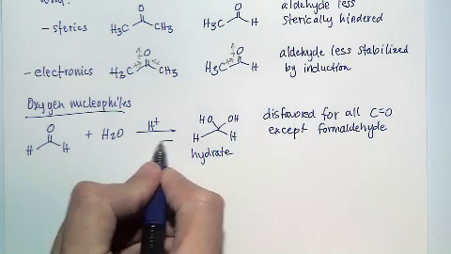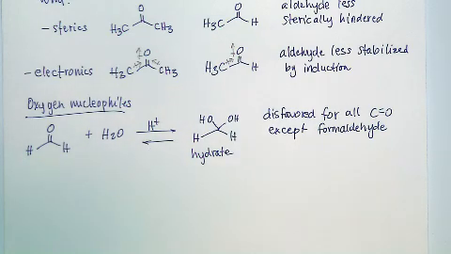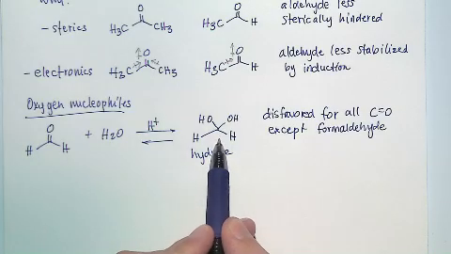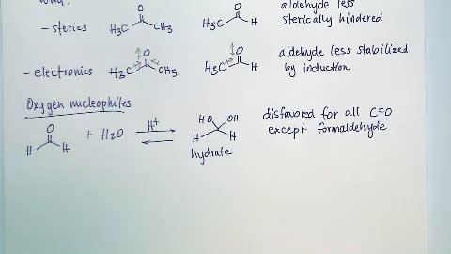So the reverse reaction will happen quite easily here. Now, for the case of formaldehyde, this reaction does happen, and so a solution of formaldehyde has a good amount of this molecule floating around in it as well, but it goes back and forth.